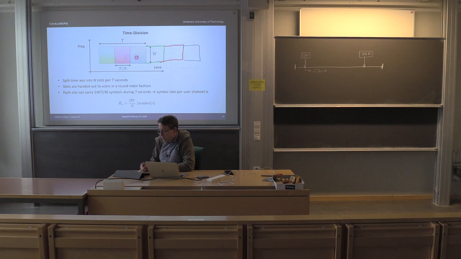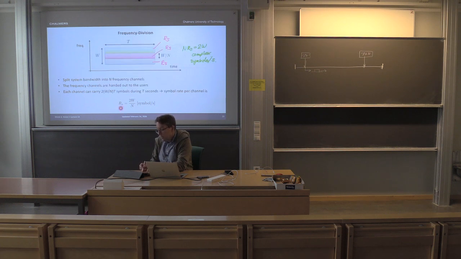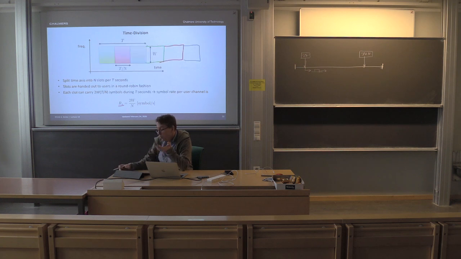So here we get different time slots. Each time slot can then carry 2W, and now we split the time axis into T over N symbols during T seconds. So the symbol rate Rs is equal to 2W over N, which, by the way, is exactly the same as we had in frequency division. Which should not be surprising.